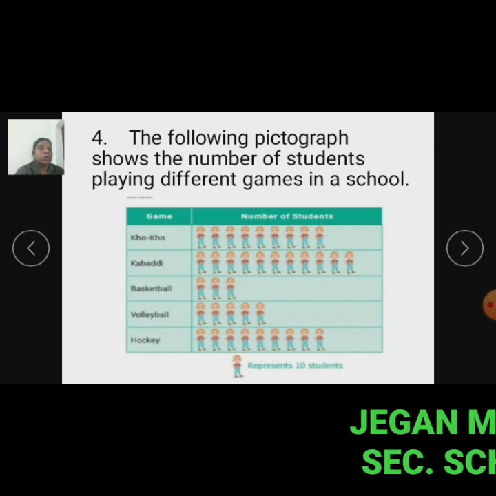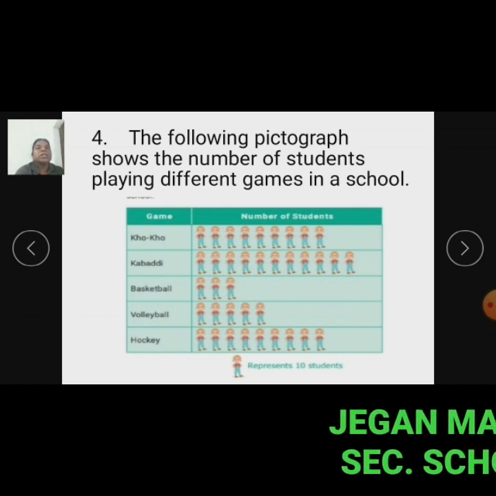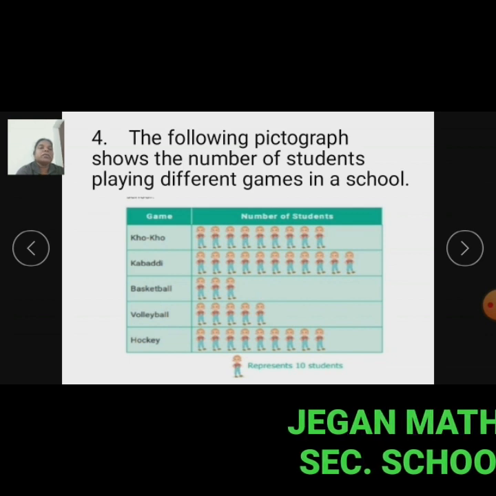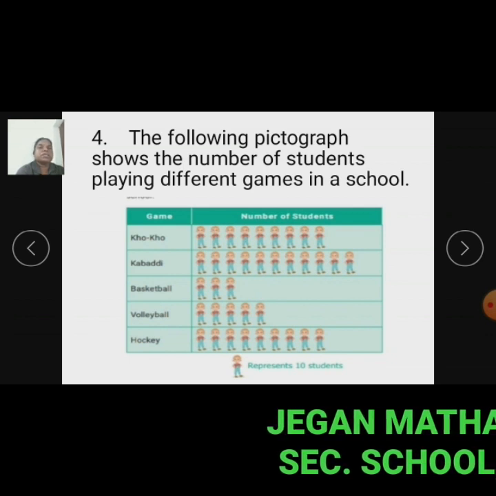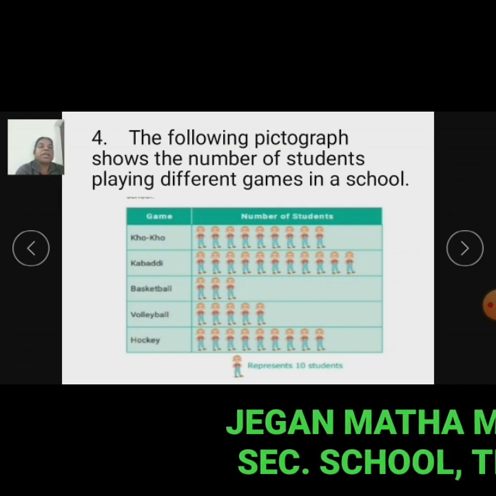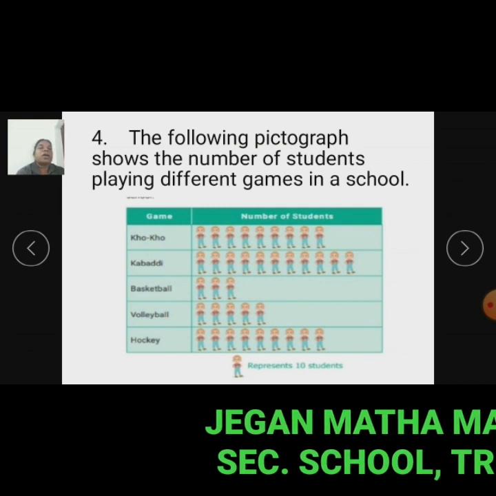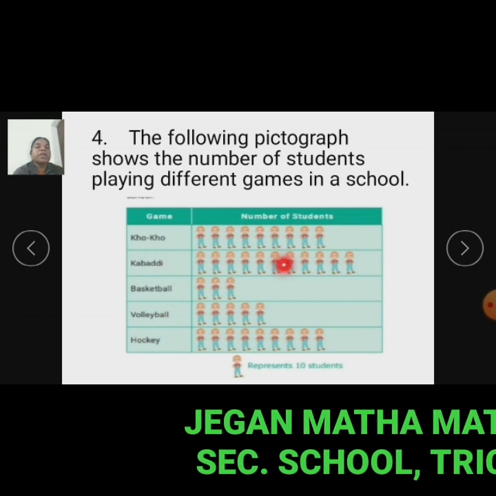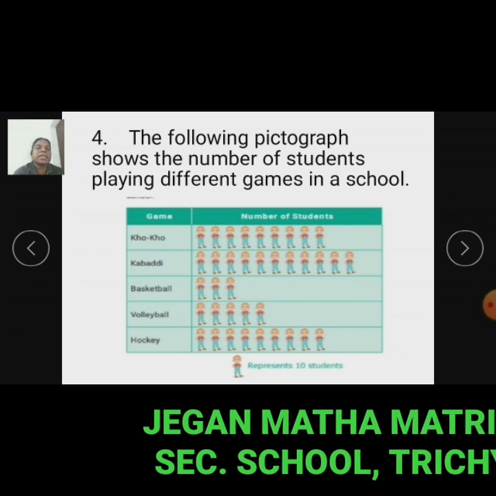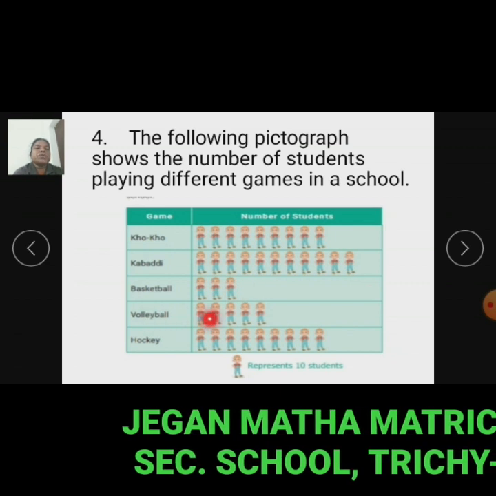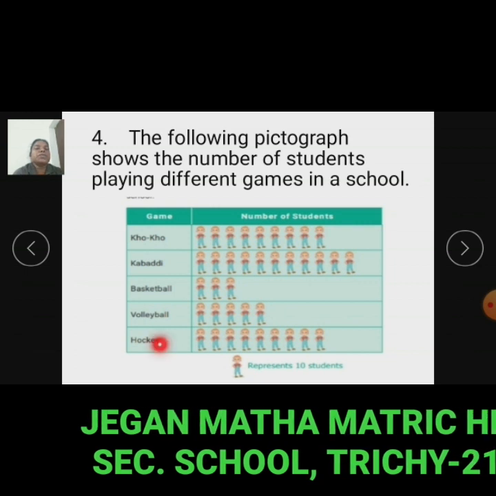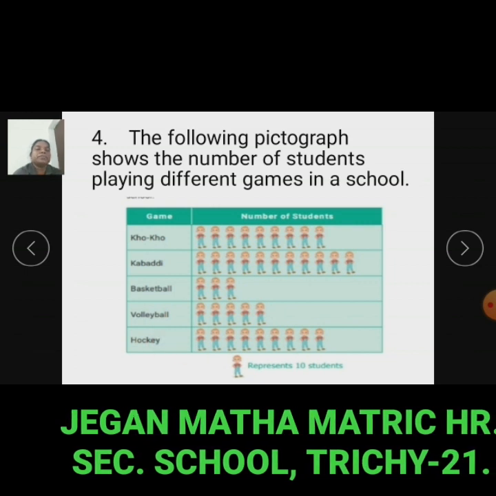So the number of students playing different games: 90 students playing Kho-Kho, 110 students playing Kabaddi, only 30 students playing basketball, 50 students playing volleyball, and 90 students playing hockey.